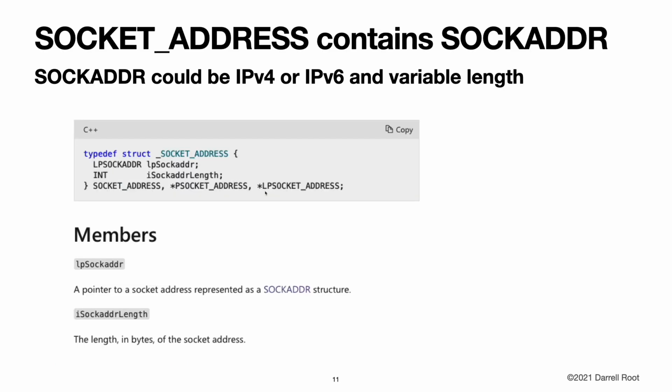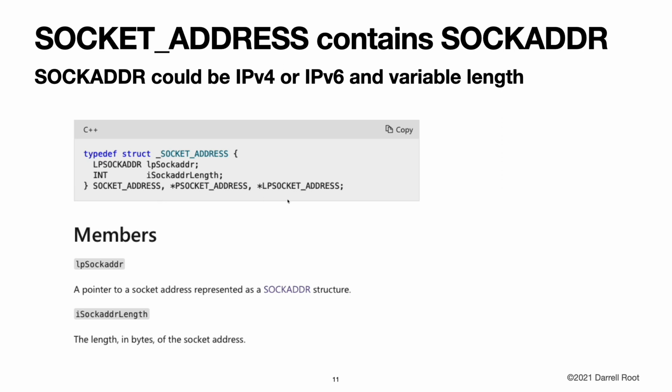Here's that LPSOCKET_ADDRESS we saw before, or SOCKET_ADDRESS here. So SOCKET_ADDRESS is the struct tag with the underscore, typedef to SOCKET_ADDRESS without the underscore, and we have PSOCKET_ADDRESS, which is a pointer to the socket address, and we also have LPSOCKET_ADDRESS, which is also a pointer to the socket address.